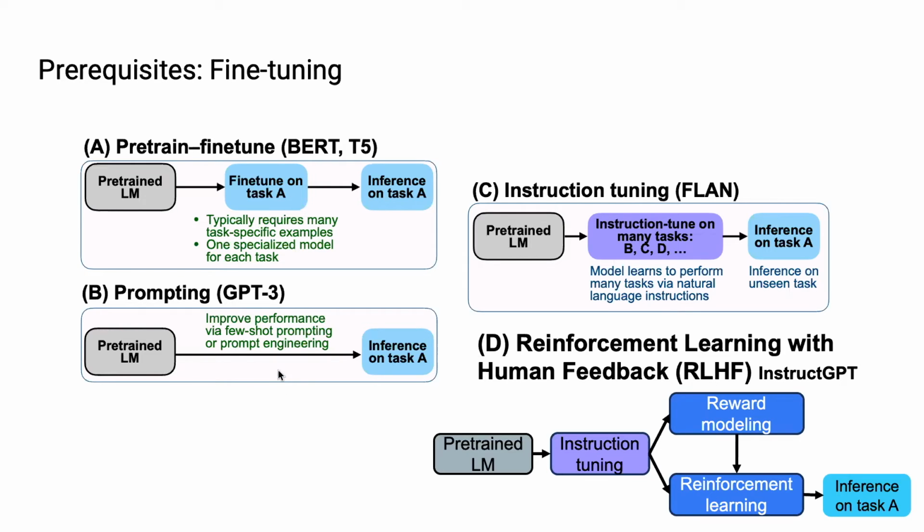The goal is whether we can get one pre-trained language model and improve the performance by providing a few examples in the prompt, or by doing some prompt engineering, so that you can directly adapt the pre-trained language model to the specific downstream task. Then you have one set of model weights that can serve all the different tasks. That's the ideal picture, just like how we are using ChatGPT right now, right? You just give the instruction, and it fulfills the task as described by your instructions.